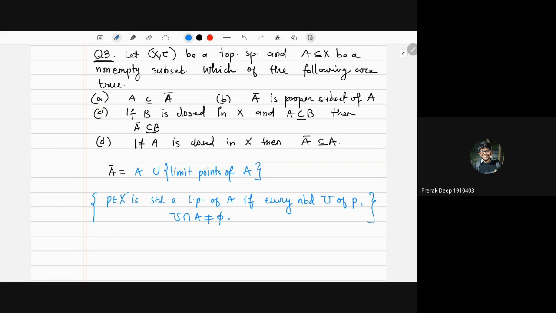So A closure already contains A, so option A is correct.